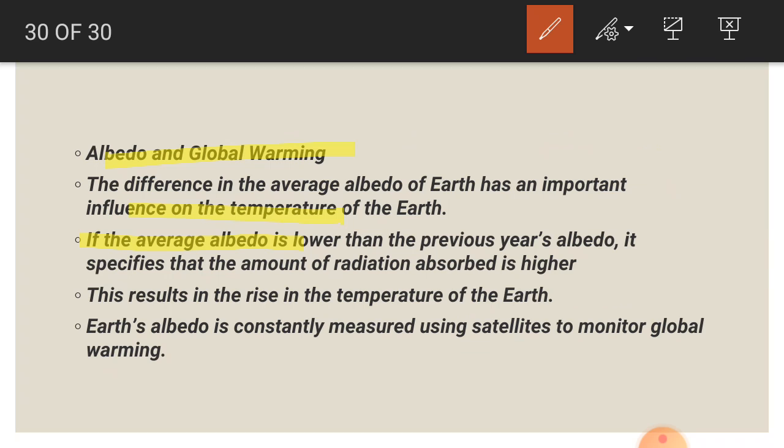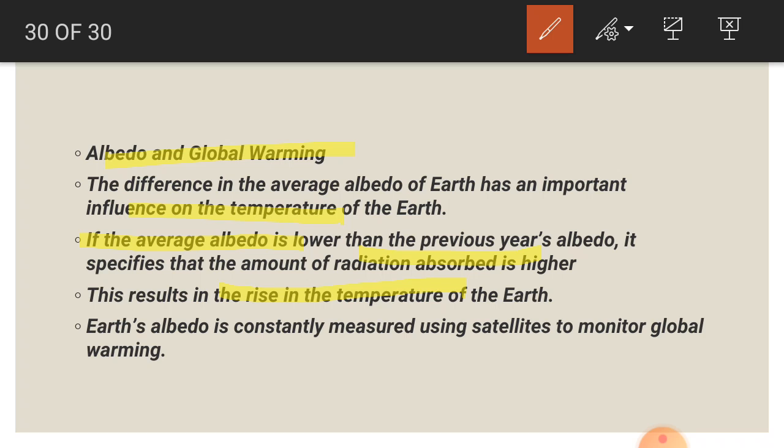More albedo means more sunlight reflected back into space, but lower albedo means more energy is absorbed, and if more energy is absorbed, it means a higher temperature of the earth.